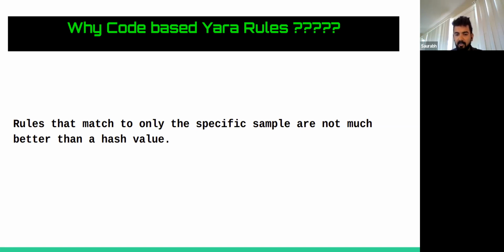So one efficient rule is going to identify and alert you on future malware as well. A code-based rule requires a little understanding of a disassembler and debugger, but it's easy. You guys will get it. It's a small thing, but code-based rules last for generations. So write YARA based on code.